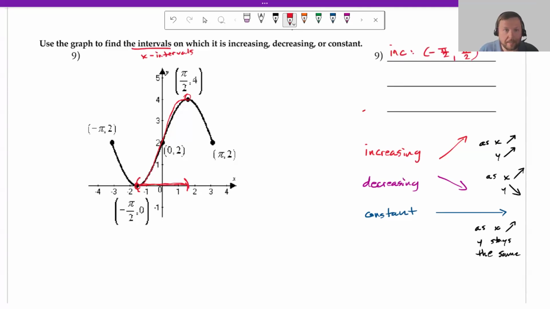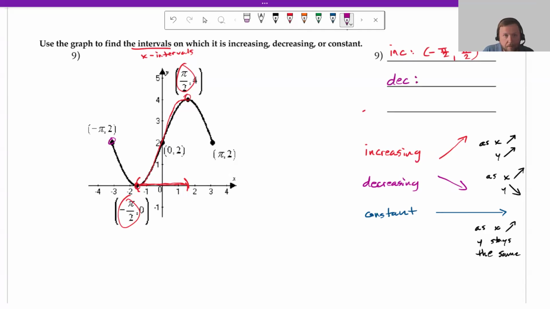So we're looking at the x values only. The y values are showing us that it's increasing, decreasing, or constant, but when we're reporting on these, we want to just describe the x values where these are happening.